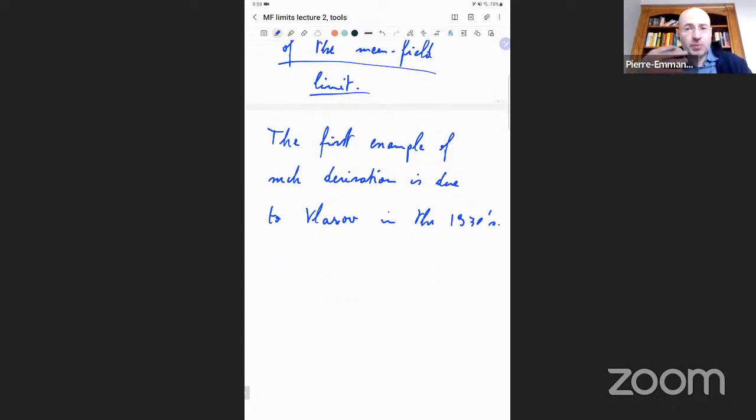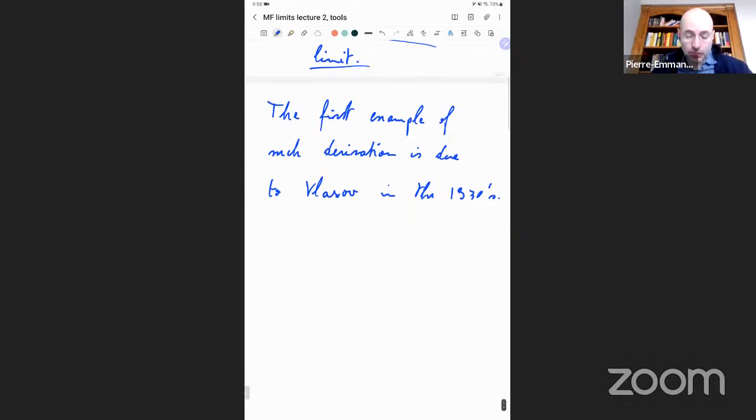So this is much more recent than many other models from physics. I mean, fluids were well established by the 19th century, for example. And even collisional models were known before. So even though this is supposed to be the simplest case, it's the one that was done last from the physical point of view.